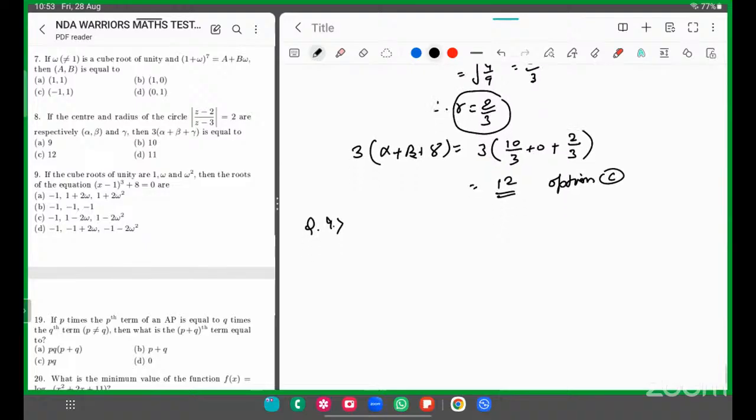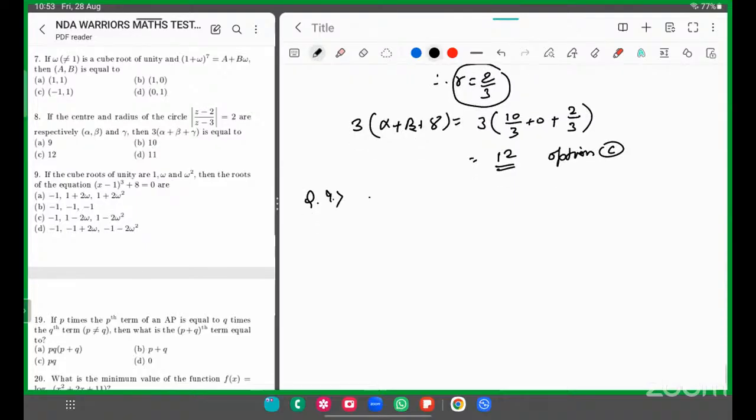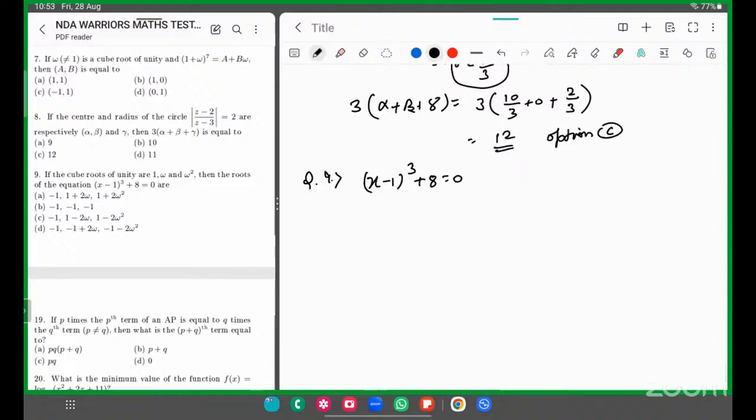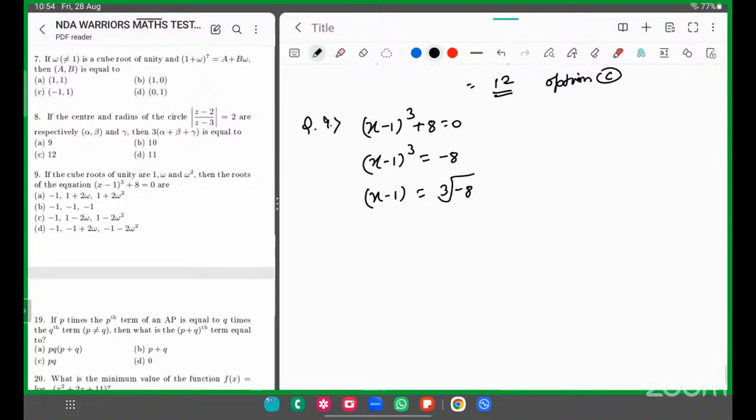Cube roots of unity. Again they have given, and they are asking you to find the values of x for x minus 1 whole cube plus 8 equal to 0. So I can write it this way: x minus 1 whole cube equal to minus 8. So x minus 1 can be written as the cube root of minus 8.